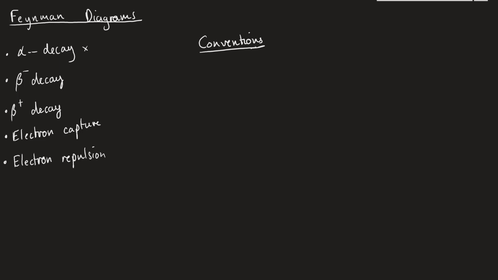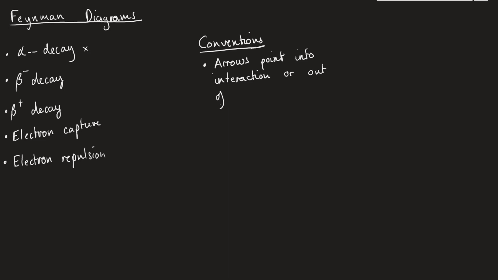Our conventions are that our arrows point as if they're going into the interaction or coming out of the interaction.